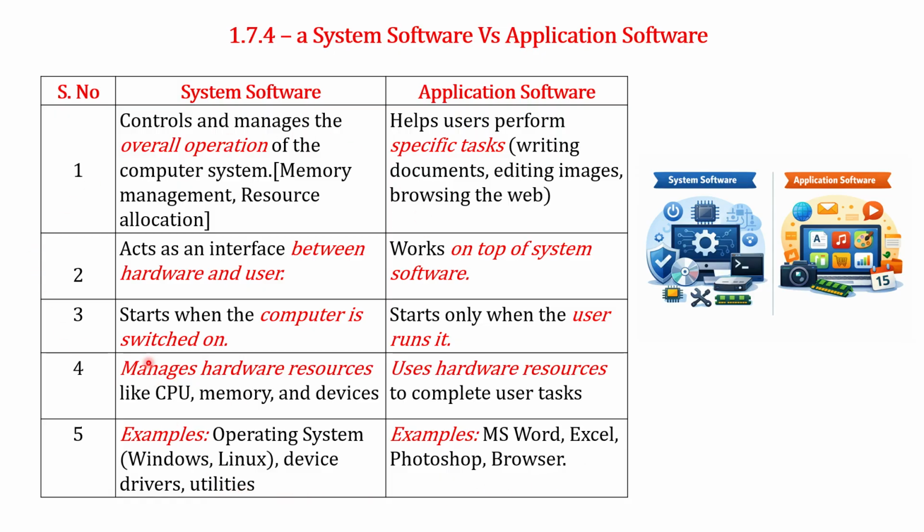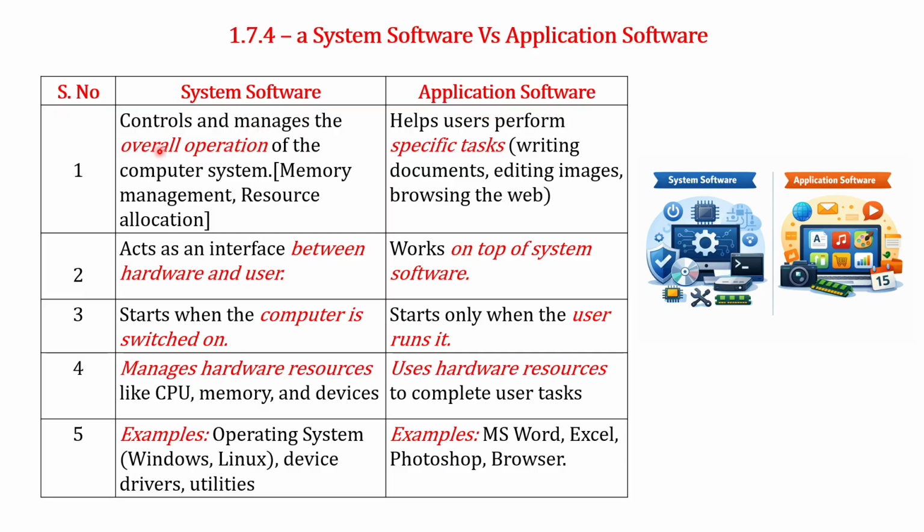From this video, we learned that a computer system can work without application software. For instance, a computer can be without MS Word or MS Excel, but a computer system cannot operate without system software. It cannot operate without an operating system. That is the main difference between the system software and the application software.